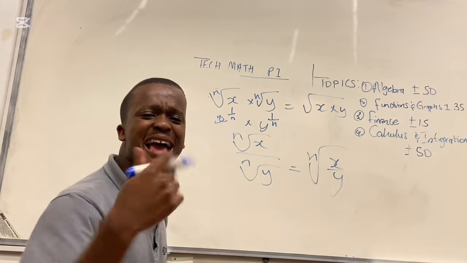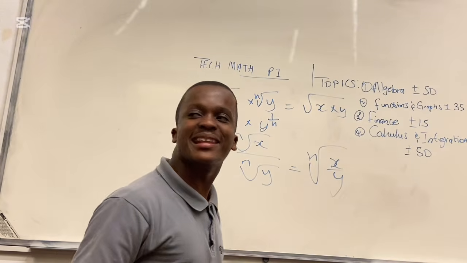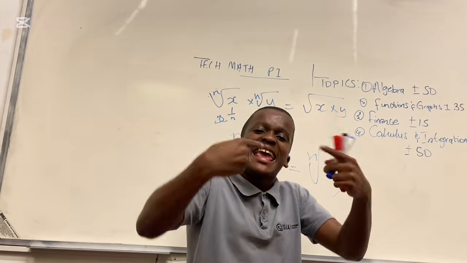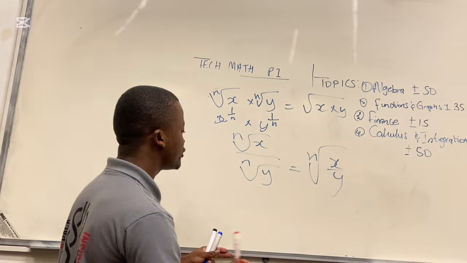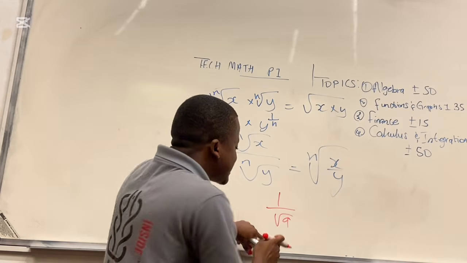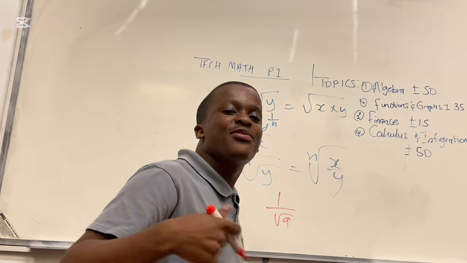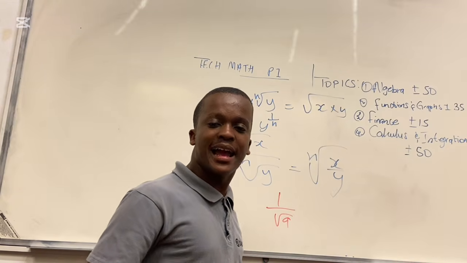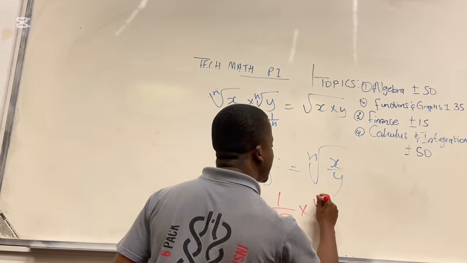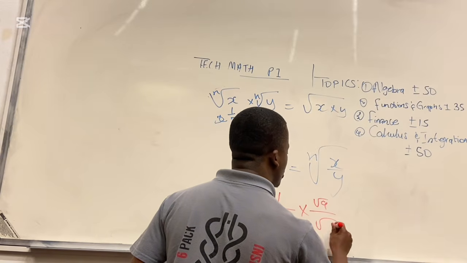But to rationalize the denominator, we want to get rid of the surd in the denominator. If we have 1 over square root of a, we want to get rid of that surd in the denominator. What do we do? We multiply by square root of a over square root of a.